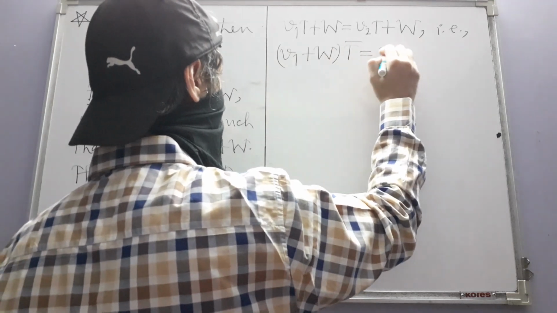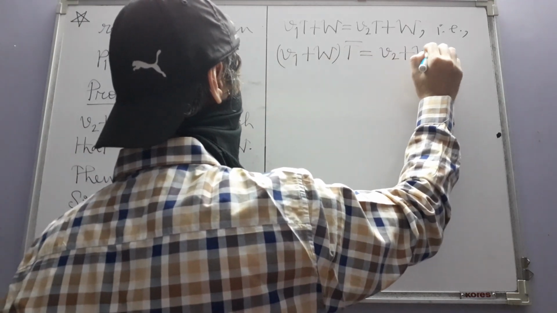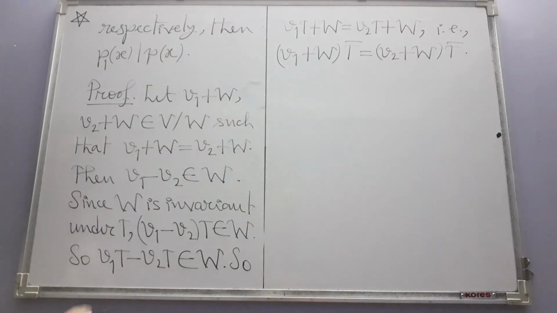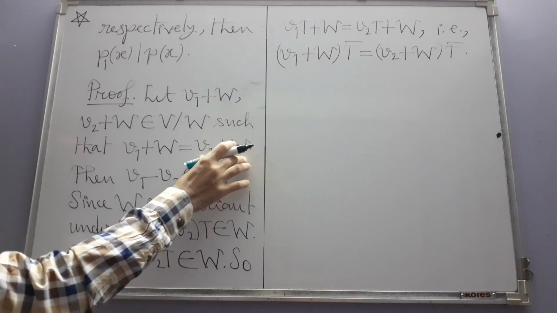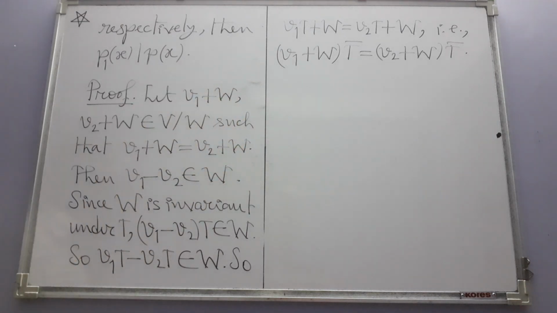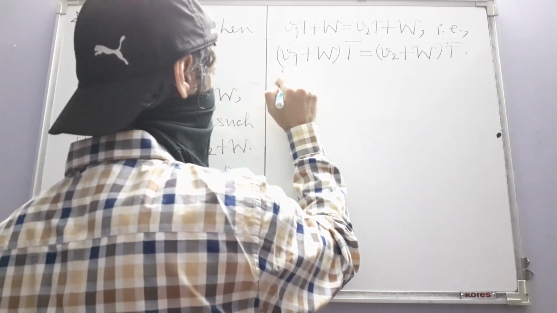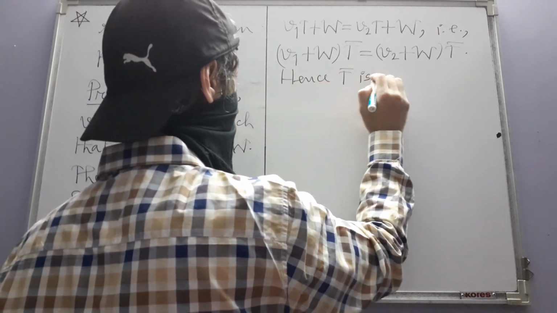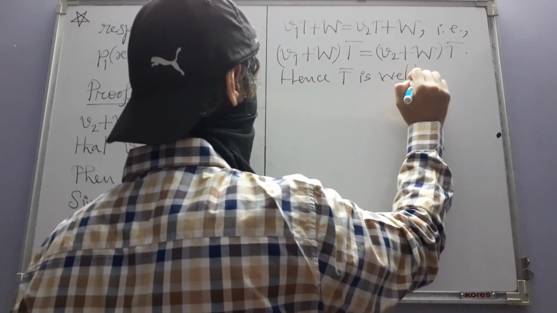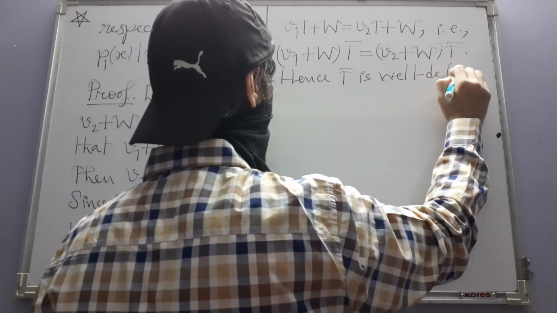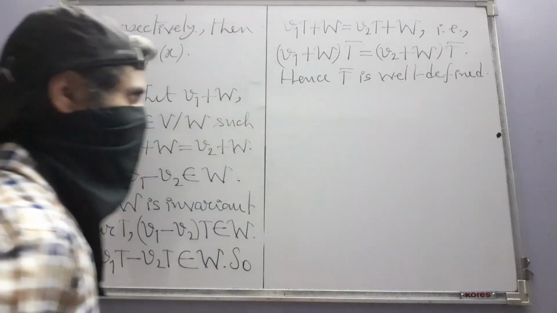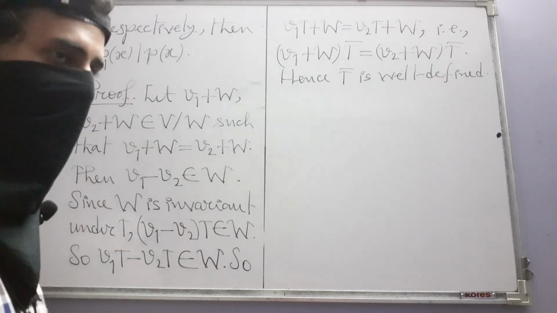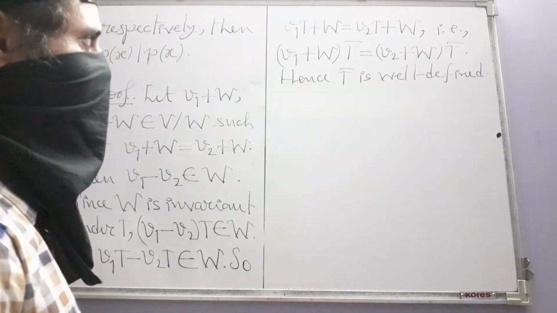And similarly, this is the T bar image of V2 plus W. So equal inputs implies equal outputs. Hence, T bar is well defined. Okay, fine. So we have shown that the function at least is a legitimate function. It's a well defined function.